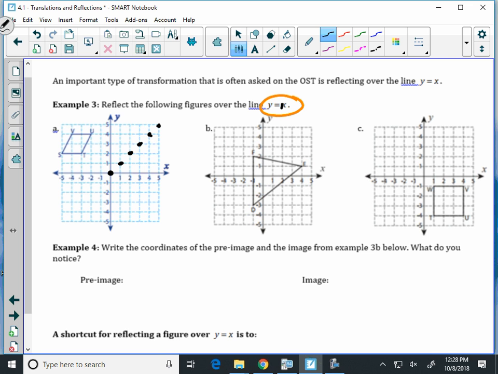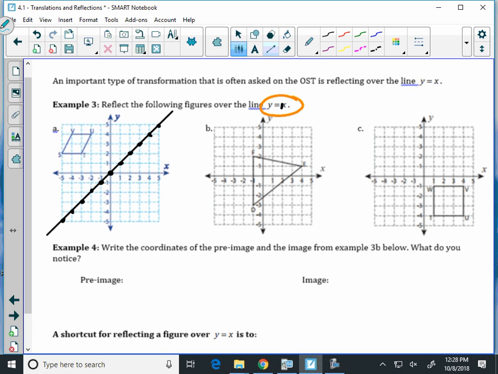And then you go the opposite way, down 1 over 1. So you start at the origin, and it's going exactly right down the middle of your graph. That's y equals x. So we're reflecting this figure over this line. You graph it that way every single time. That's how you graph that line.